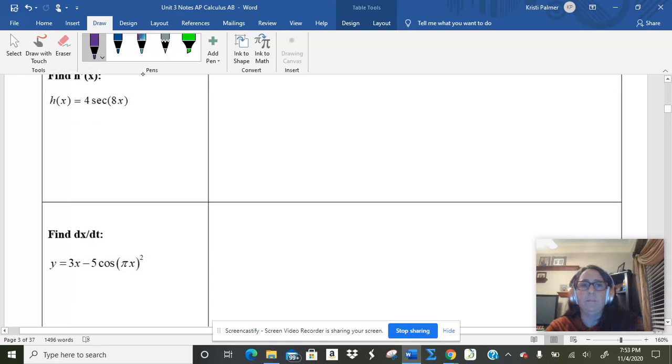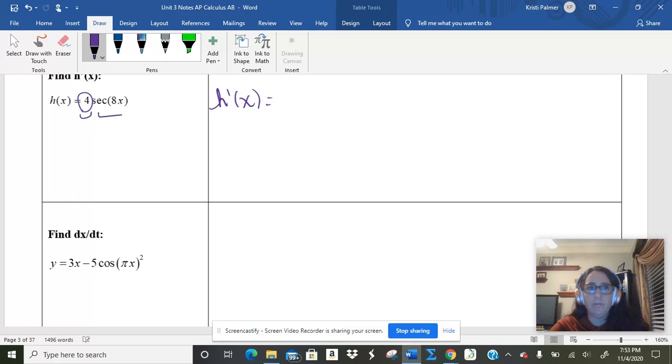Let's try this one. What does the 4 get to do? Do I have a product rule? No. Okay, that 4 is a coefficient, so it goes, woohoo, along for the ride. So that 4 just comes on along. Okay, so now over here, I'm going to do my chain rule.